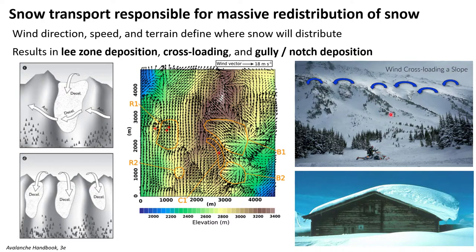And so that gives rise to some complex loading of slopes, which can totally change the nature of the snowpack, especially if you go and you dig a pit and you start to analyze and you say, I don't really understand why I'm getting these really small rounded grains. That's when you start to consider what are the wind effects, and am I seeing any effects of wind deposition on the snow and the snow metamorphism.